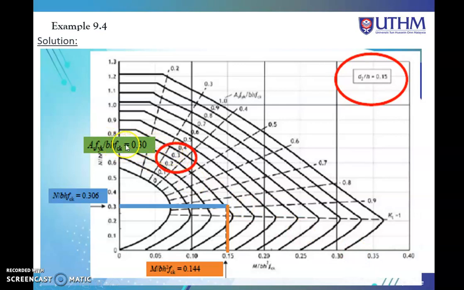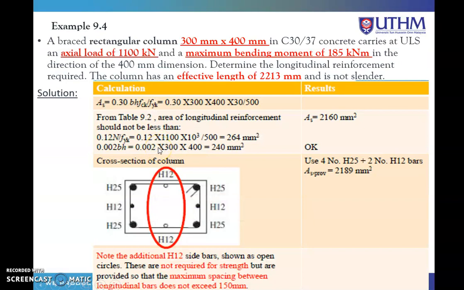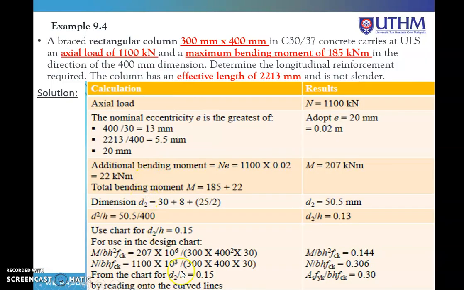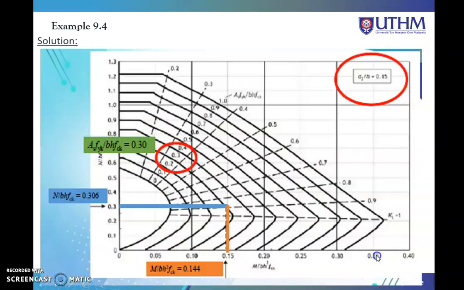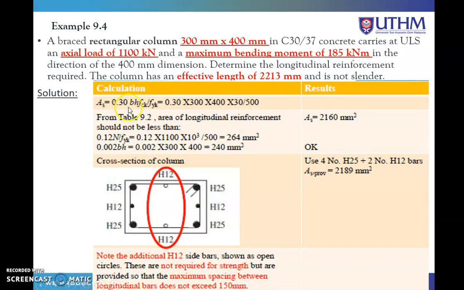Okay. So by using this value, we can calculate the value of As. Okay, so by reading the curve, kita dah baca dekat curve tu, kita dapat nilainya 0.3. Okay, so kita substitute di dalam equation itu untuk mencari nilai As.